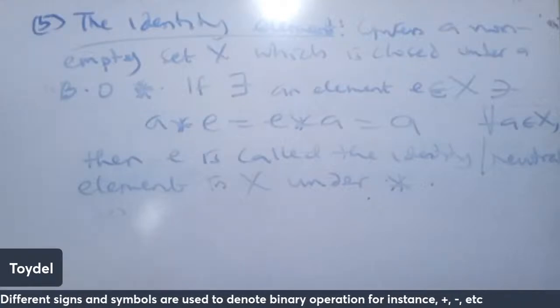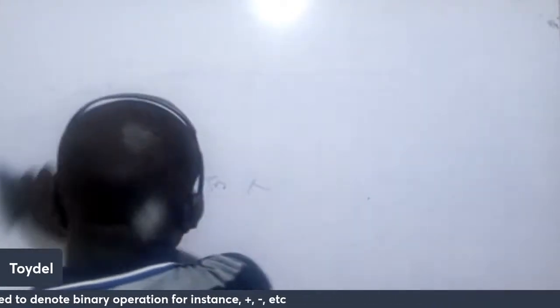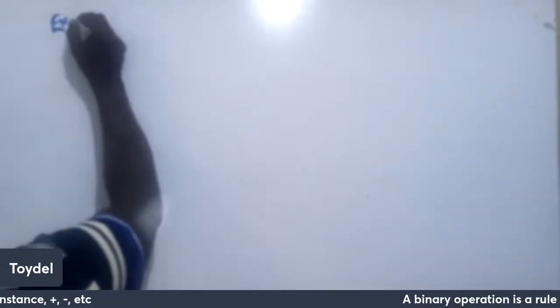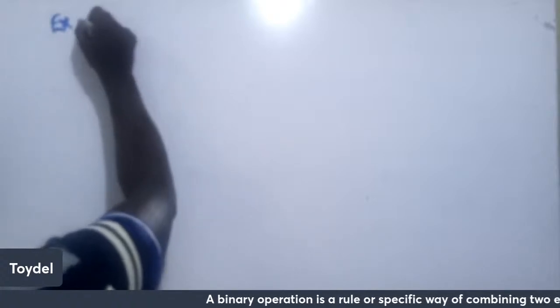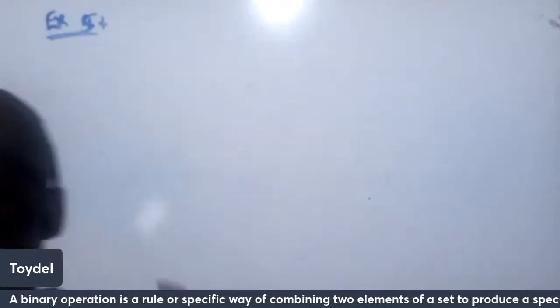So I'm going to give maybe 1 or 2 examples under identity elements. Then we go to the final properties. So let's say example 4, or say 5. Look at this example.